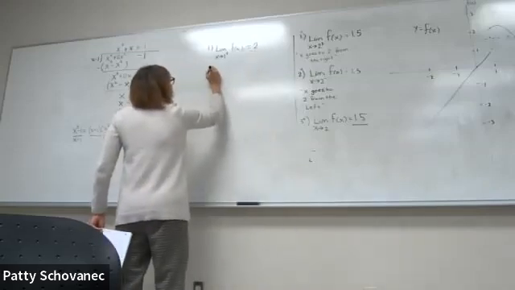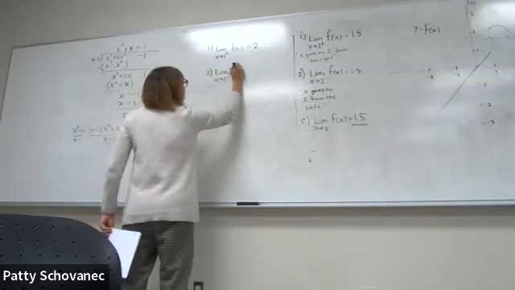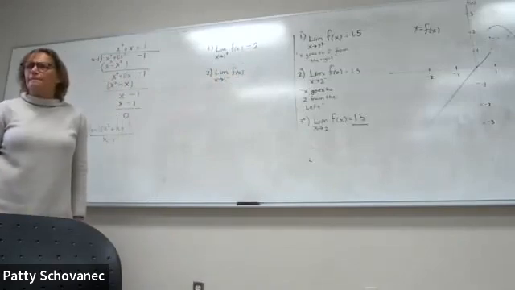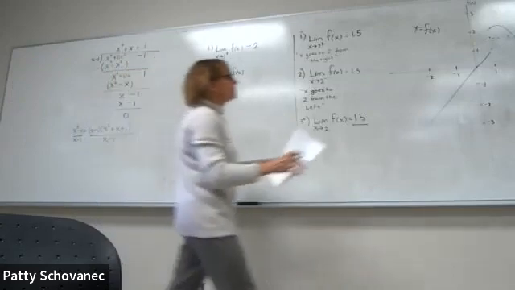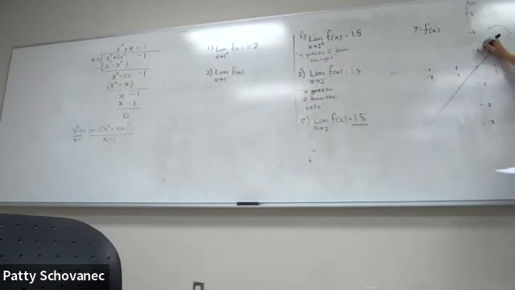What do you think happens as we come in from the left? X goes to 1 from the left. See what that's going to be. Looks like it's going to be 1, doesn't it? As you're coming in from the left, you're coming up this part of the graph. And so you're approaching this point here.